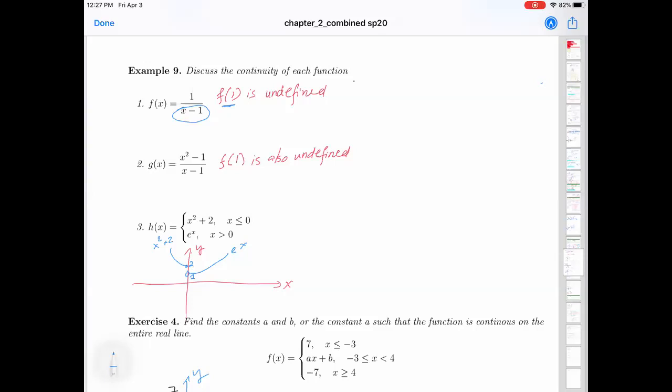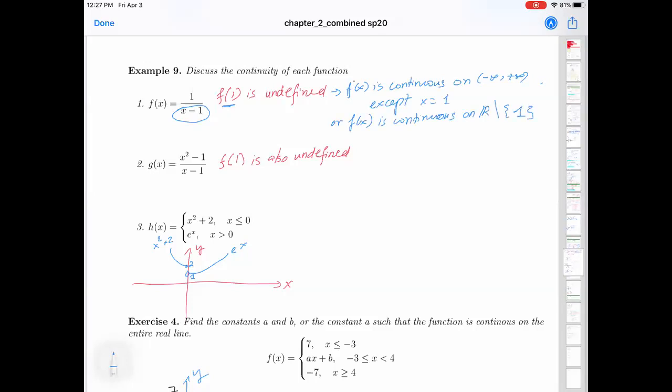Thus, f of x is continuous everywhere except x equals 1, or you can say f of x is continuous on all the real numbers but 1.